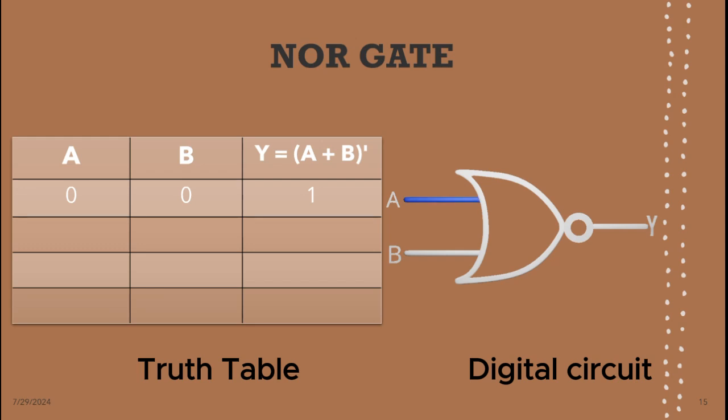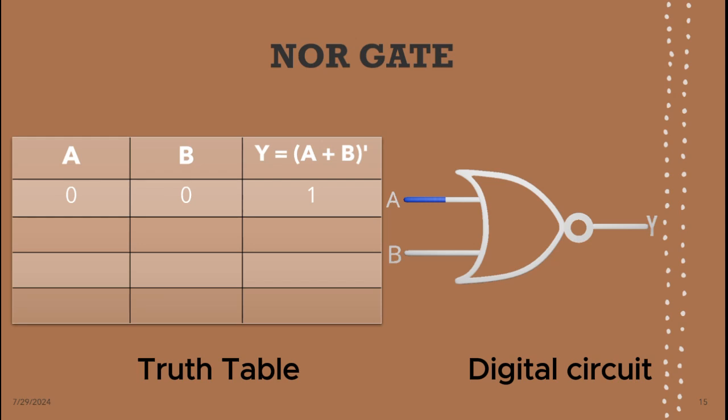It means that the output would be opposite of OR gate. As we have studied in OR gate, if any one value of all combinations of zeros and ones, either A or B, is 1, the result would be 1. But in NOR gate, the result would be 0.